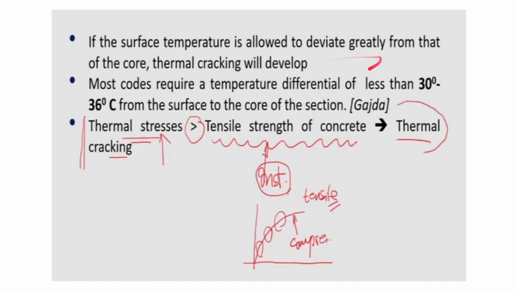Most codes therefore require a temperature differential of less than 30 to 36 degrees centigrade from the surface to the core of the section. Secondly, thermal cracking will occur when the thermal stress, that is, the tensile stress generated due to the increase in temperature, is greater than the tensile strength of concrete. Then only will the thermal cracking phenomenon occur.